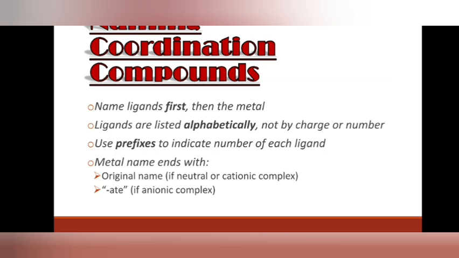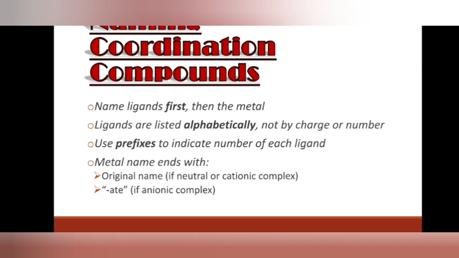For example, if we have amine and chloro, amine will come first and chloro will come later, because chloro starts with C and amine begins with A, and alphabetically A comes first. That's why the ligand that comes first alphabetically will be named first.